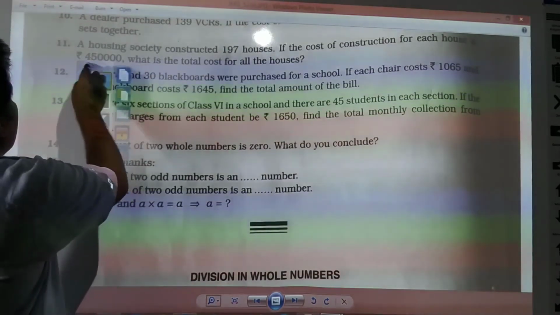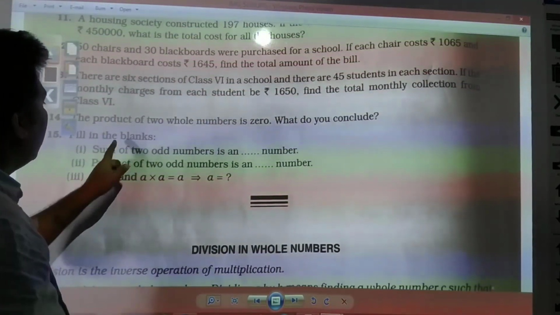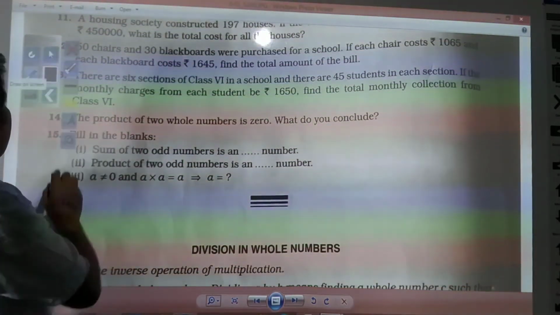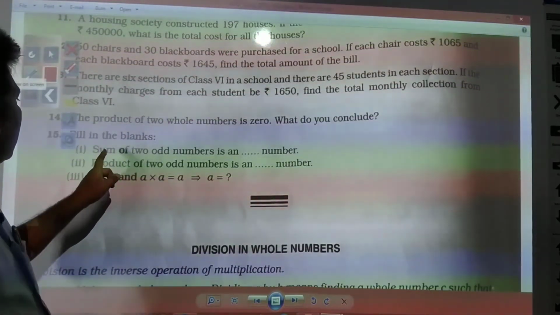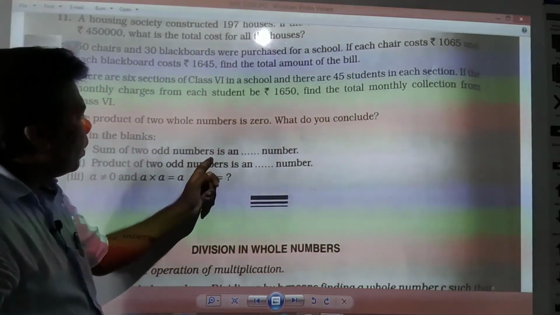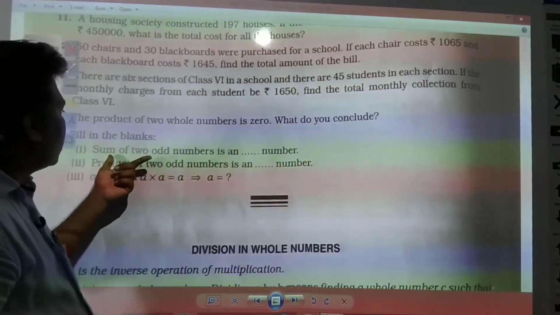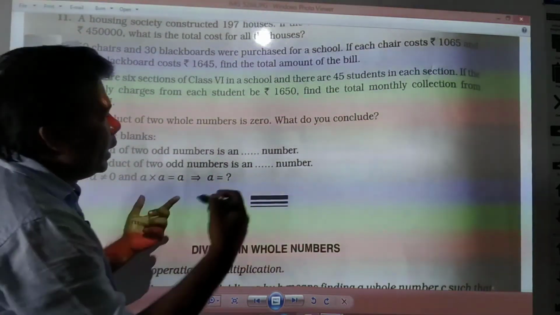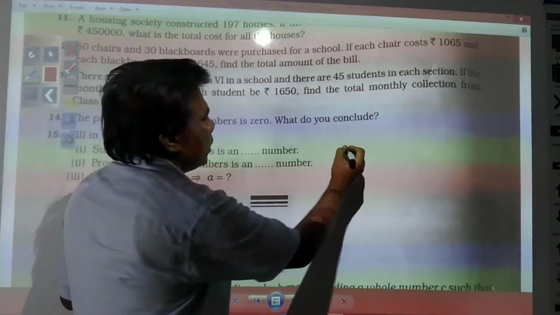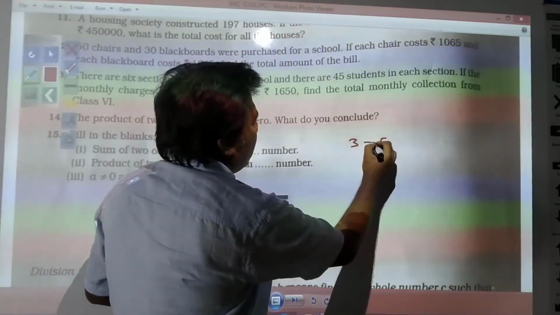Here you can see, fill in the blanks you have. Sum of two odd numbers is an blank number. Sum of two odd numbers, any two odd numbers you assume, suppose 3 and 5.